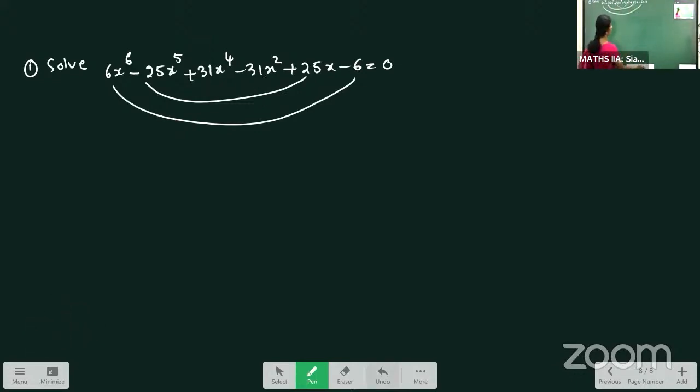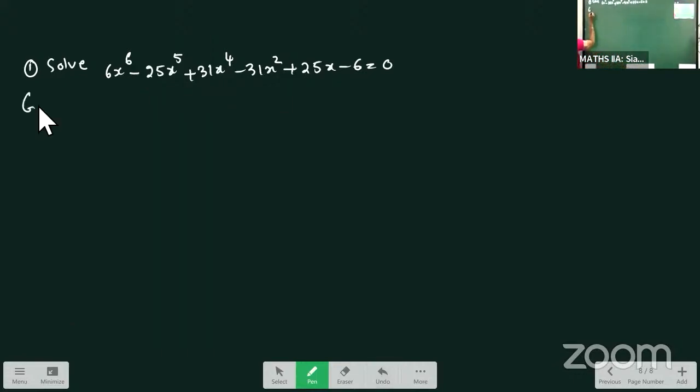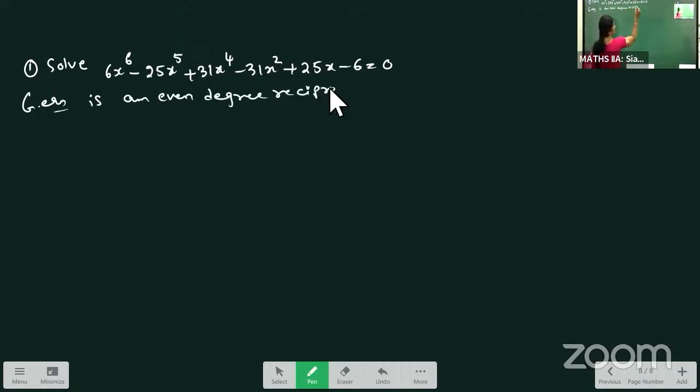So, here what to write? Given equation is an even degree reciprocal equation of class 2. You have to mention here why it is class 2.